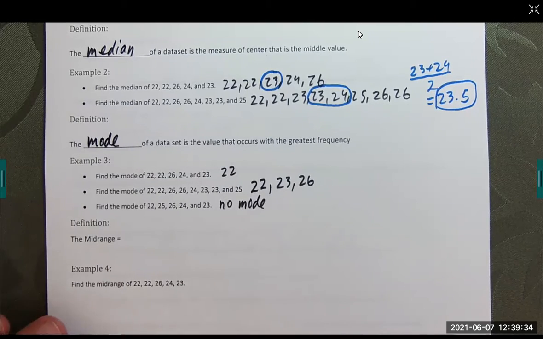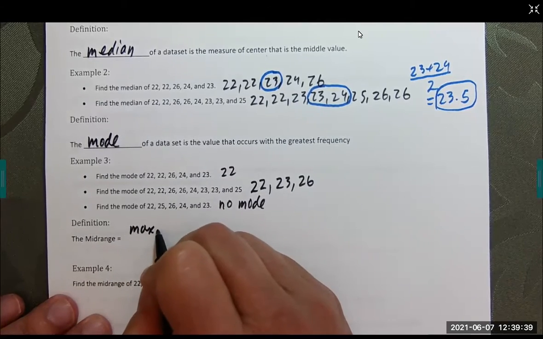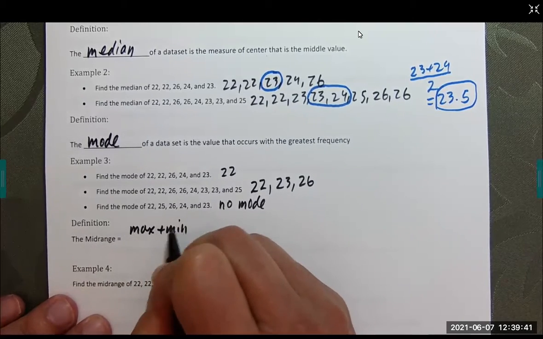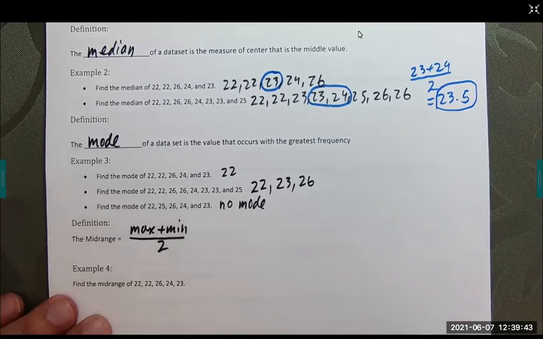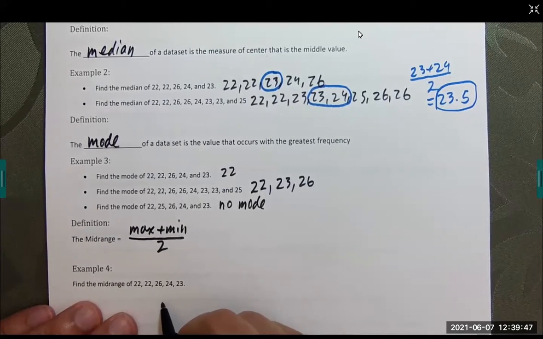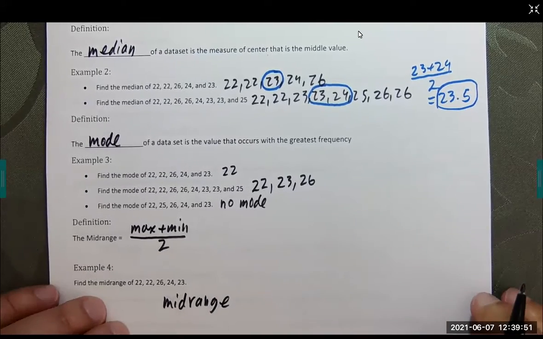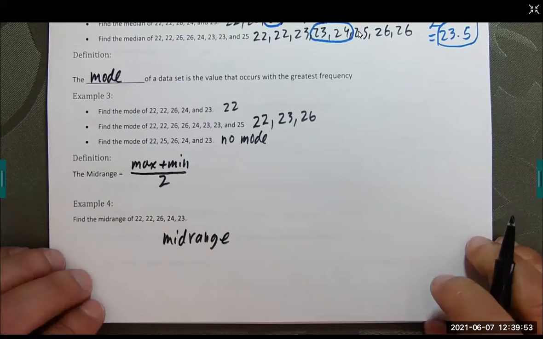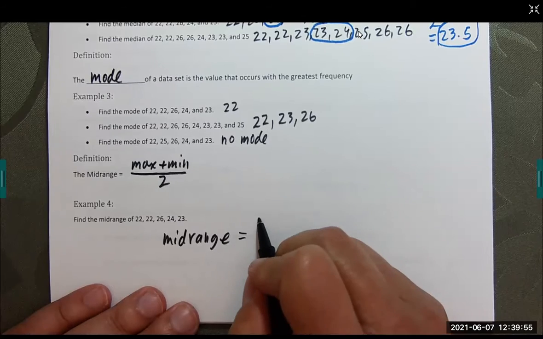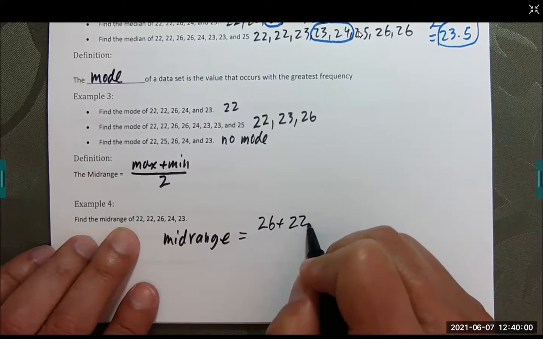The mid-range is the maximum data value plus the minimum data value, divided by 2. So the mid-range is the max, which is 26, plus the lowest, which is 22, divided by 2.